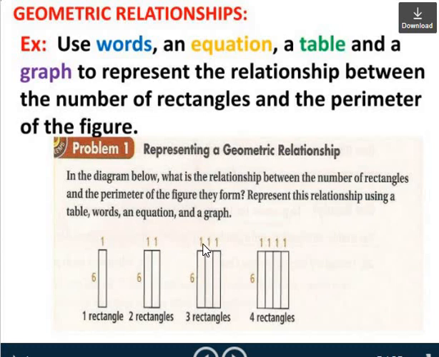So I multiply the number of the rectangles, which is 3, times 2. Why 2, not 1? Because I'm talking about 2 sides, 2 widths, width here and width here, right? So I multiply 2 by 3, because I have 3 rectangles, and 3 times 2 is 6, plus 12, it's 18. It's the perimeter of the third shape, which has 3 rectangles.